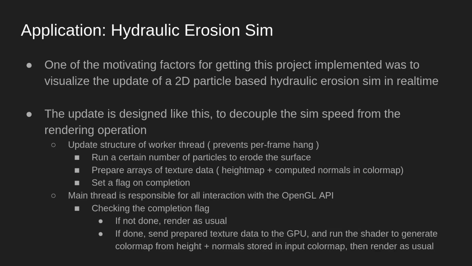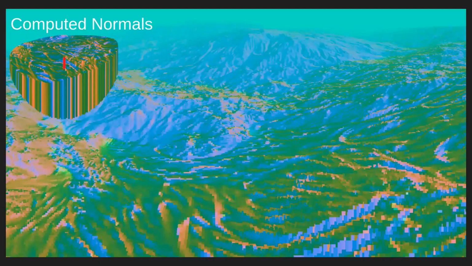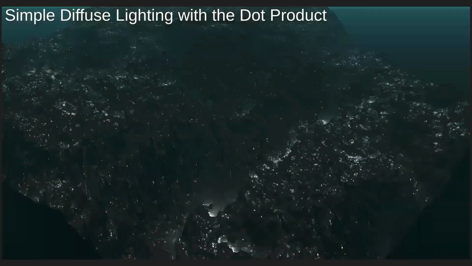So what those computed normals look like is a little bit obnoxious, but basically this gives you a way to do some basic lighting. If you take a dot product of the computed normal with a vector pointing straight up, you get highlights on flatter sections, and slopes become darker as they become steeper.